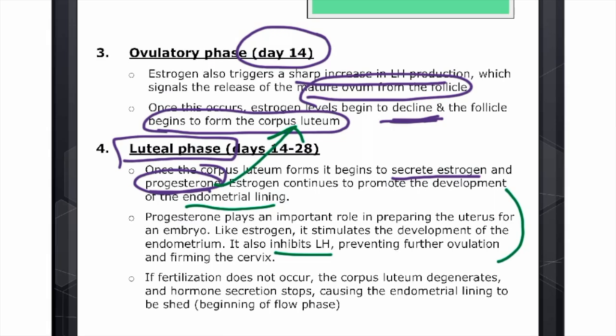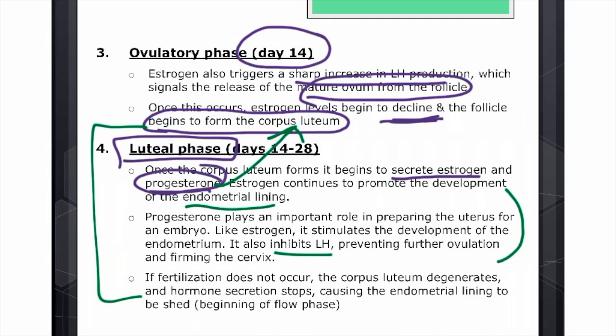So once the egg is released at day 14, it's going to flow through the fallopian tube. And in the fallopian tube, if it does fertilize, that's where that is going to occur. And once we go into our next section, into topic 3, we're going to talk about where it implants, etc. But for right now, we need to understand that our endometrial lining is very, very important, because that needs to be there in this phase in order for implantation to happen.